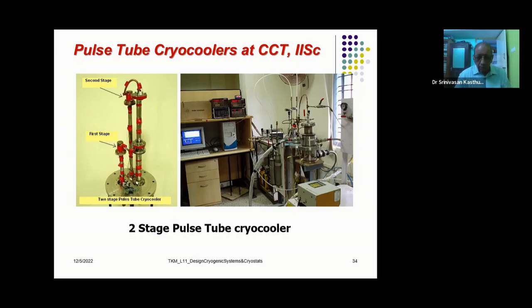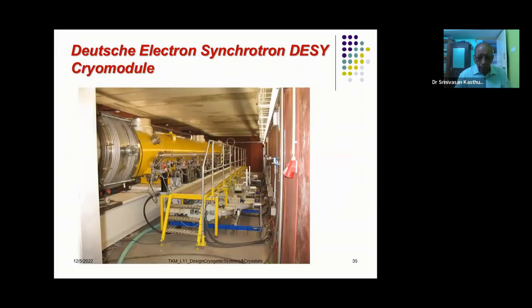Now let me come to bigger cryogenic systems. This, for example, is what is called the DESY, Deutsches Elektronen-Synchrotron, cryo module. You can see here, this is for accelerator purposes, and you can see the cryostats which are mounted.